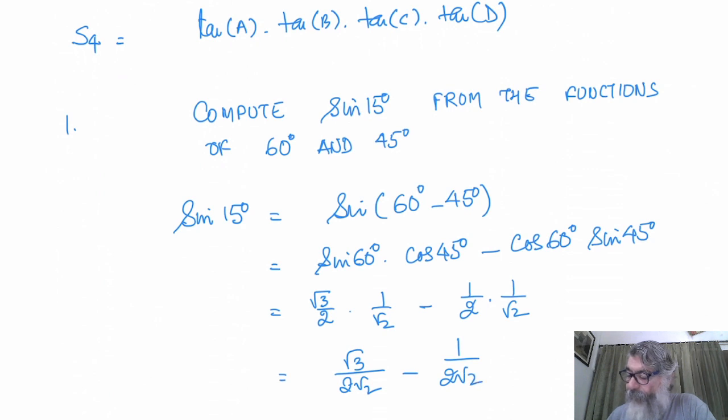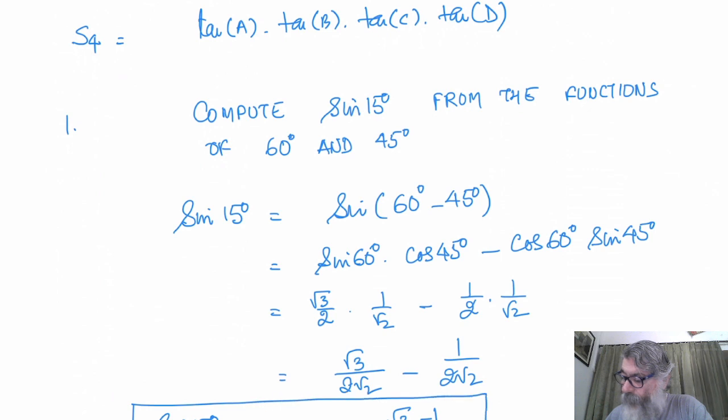We'll take the LCM as 2 root 2, and the value of sine 15 is root 3 minus 1 upon 2 root 2.